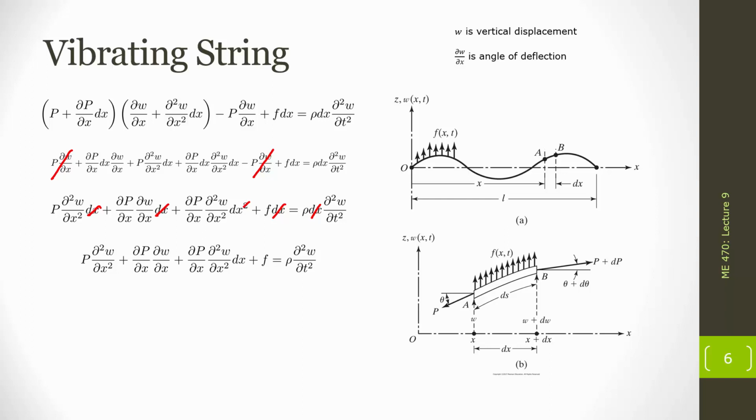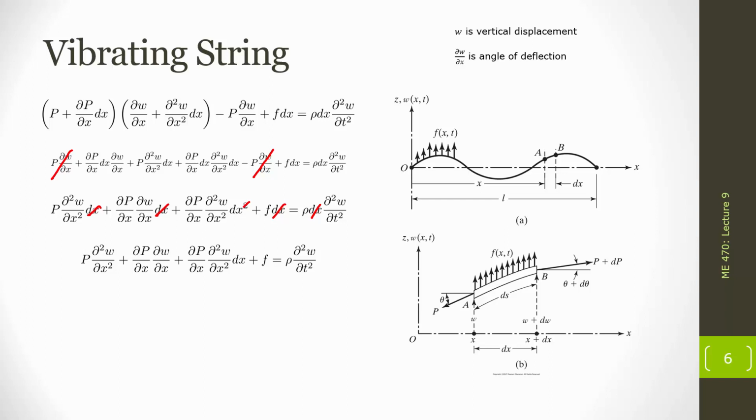Now, I'd still have one term left with a dx, and everything else does not have a dx. So what I can do is a little bit of cheating and say, because dx is going to be a really, really small term, that third term, this ∂p/∂x ∂²w/∂x² term, is going to be really small compared to everything else in this equation.